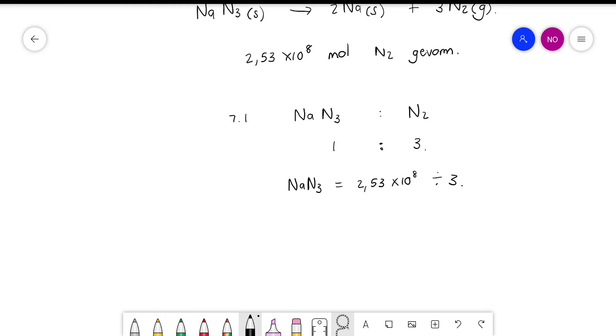It's 1 to 3. Myne wil hom nie so gee nie, maar dit is die regte antwoord. My sakrekenaar sê 8, 4, 3, 3, 3, 3, 3, 3, 3. Altyd reg.